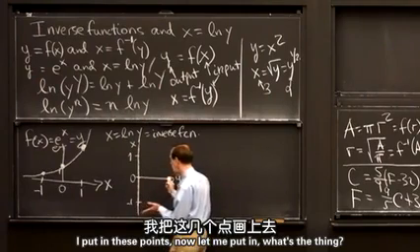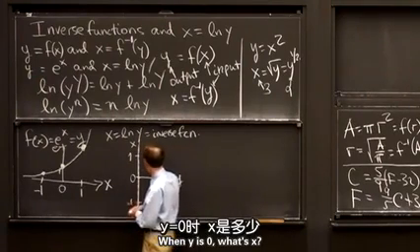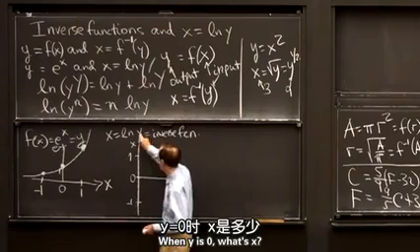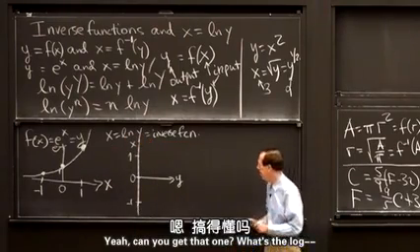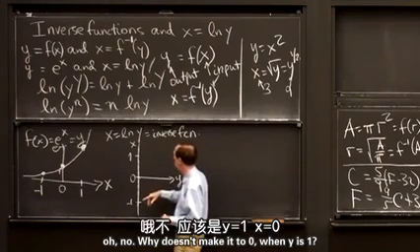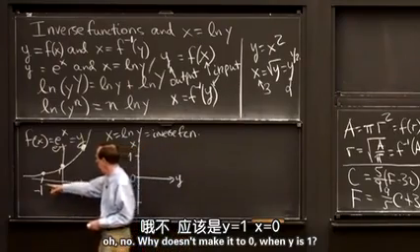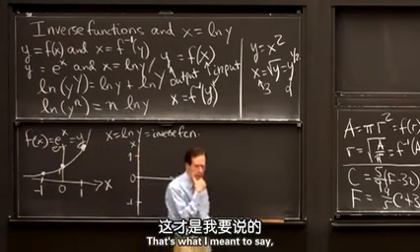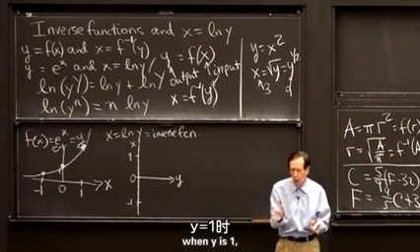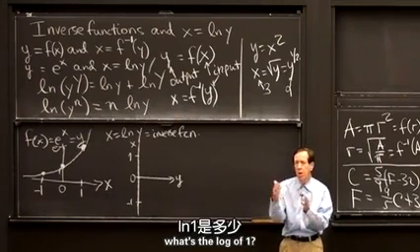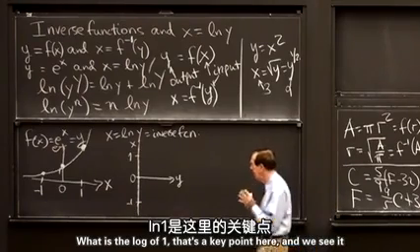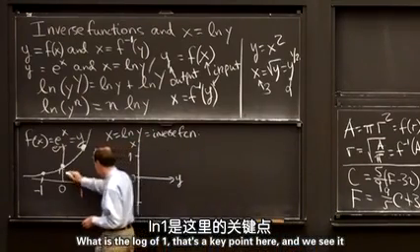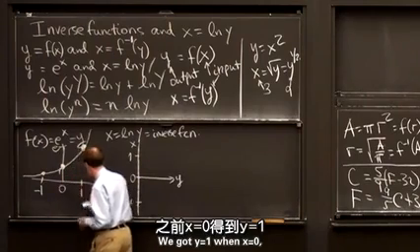Now let me put in, so what's the thing? When y is 0, what's x? Yeah, can you get that one? What's the log of 1? Y doesn't make it to 0. When y is 1, that's what I meant to say. When y is 1, what's the log of 1? What is the log of 1? That's a key point here, and we see it. We got y equal 1 when x is 0.